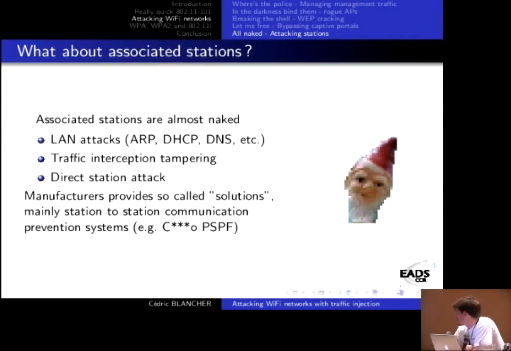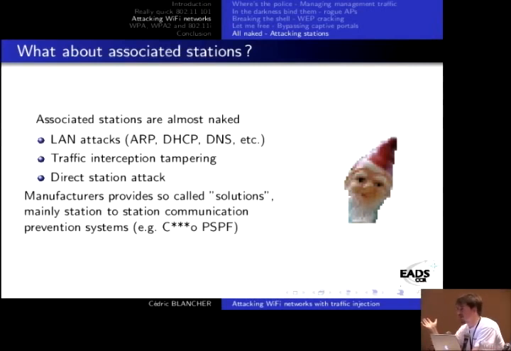So manufacturers have figured out that there are some risks. So the solution they put in place to the problem is to configure the AP to refuse two associated stations to communicate directly between them. I explained earlier that when two stations want to communicate with each other, the access point has to duplicate the frame, changing a flag.